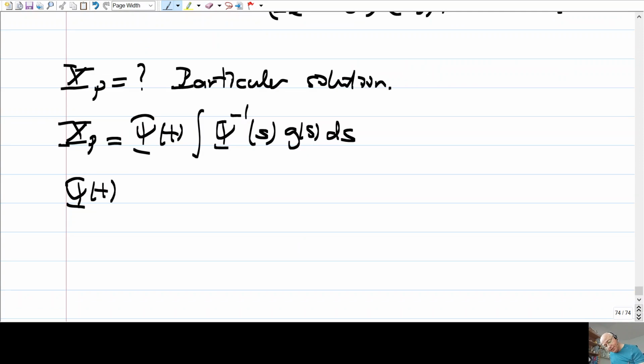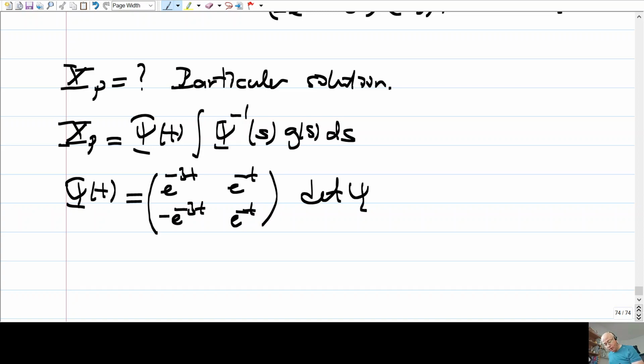The fundamental matrix is [[e^(-3t), e^(-t)], [-e^(-3t), e^(-t)]]. To compute the inverse, first I need to compute the determinant. So it is e^(-4t) plus another e^(-4t), so it is 2e^(-4t).